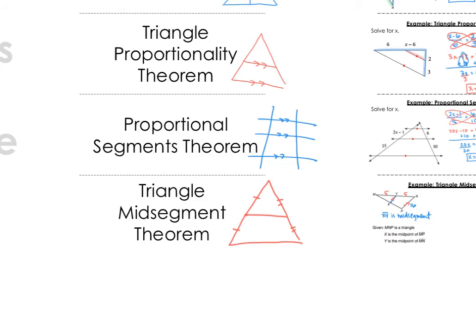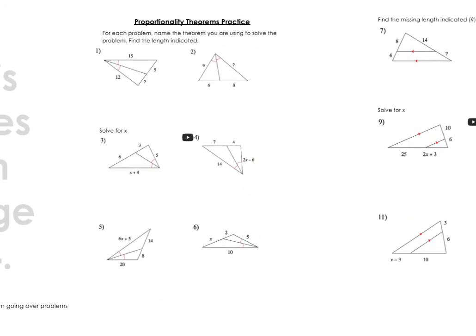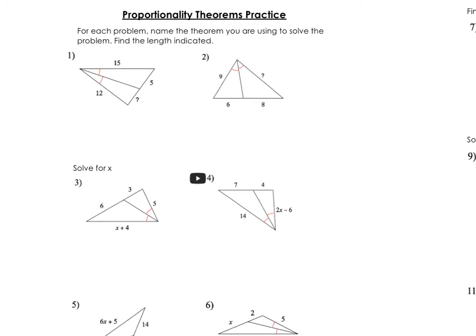Alright, so now let's take a look at a couple of examples. So starting with number 4, we're going to name the theorem and find the length indicated. So in this case, we're just solving for x. So this is angle bisector theorem.